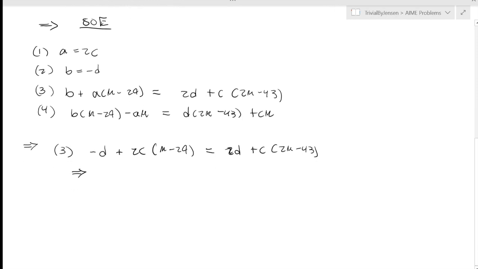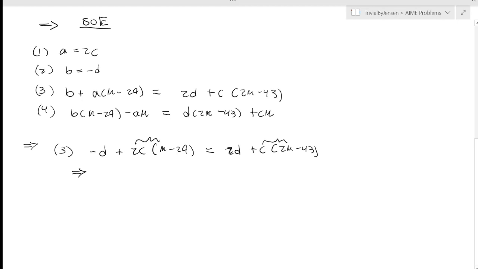Okay. So then we're going to have a 2ck on this side and a 2ck on the other side, and there aren't any other ck terms. So we can just get rid of the 2ck's preemptively.